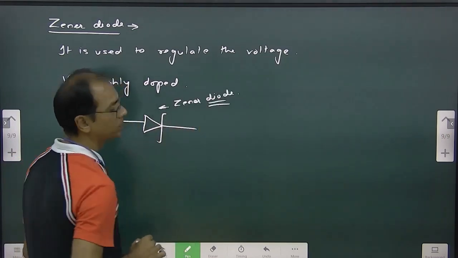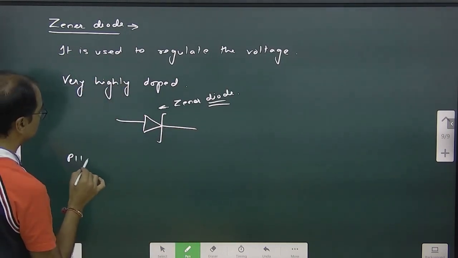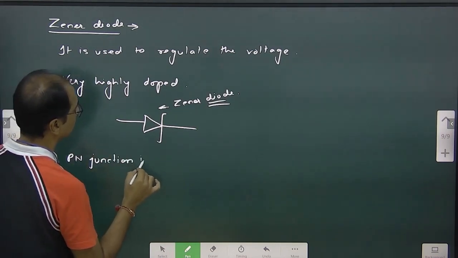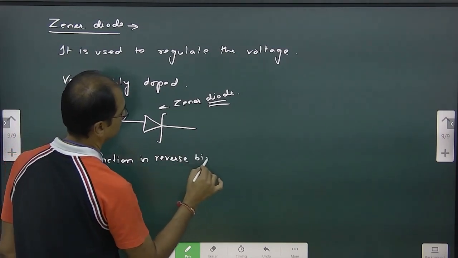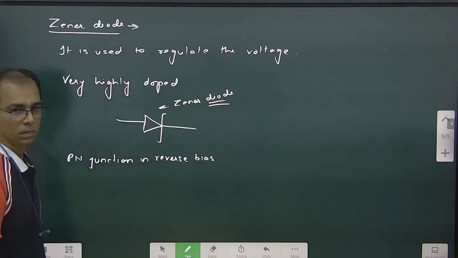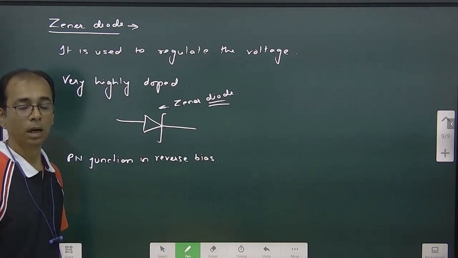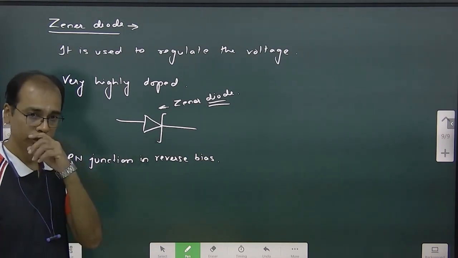It's connected in reverse bias. Okay, PN junction in reverse bias, highly doped. It's called a Zener diode. Okay, how it's going to control, how it's going to regulate, we'll see that. Okay, first note it.